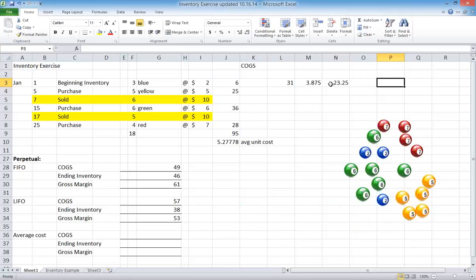We still have 2 at an average cost of $3.87. That's what we have in inventory right now. So this is our cost of goods sold. And this is our ending inventory.